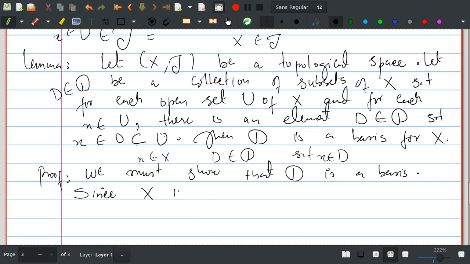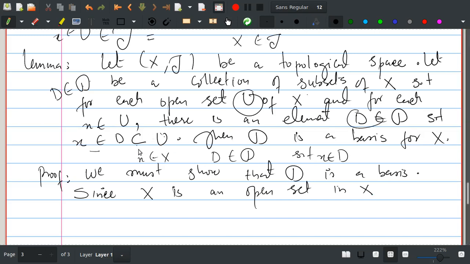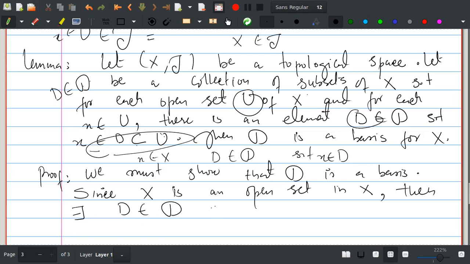So since X is an open set in X, then by this hypothesis, because we are given that for any open set U of X, we can find an element D in fancy D which satisfies this condition, there exists D in this fancy D such that x is in D and D is contained in X.